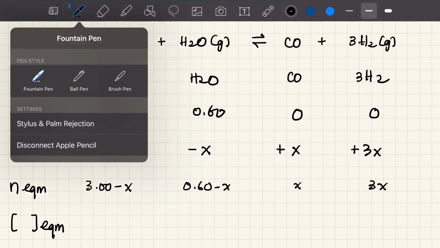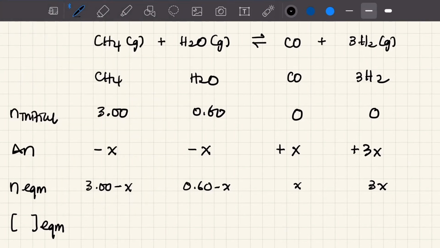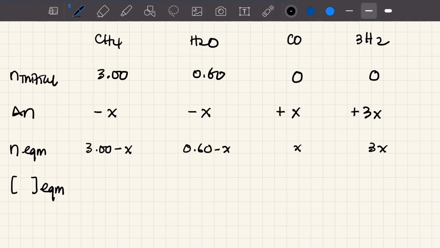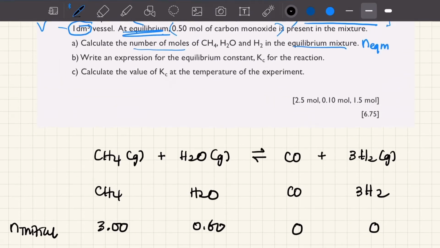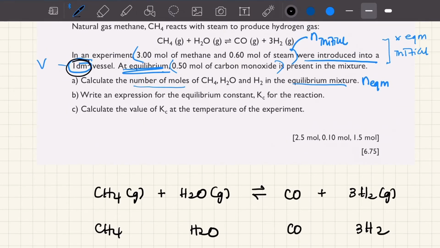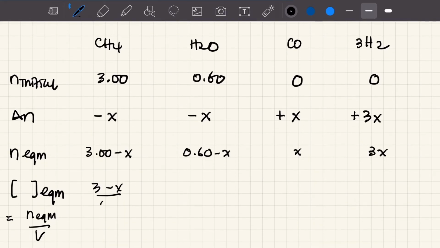To find your concentration at equilibrium, you're going to use N equilibrium over volume, right? So you're just going to divide by volume. What is your volume? Your volume is 1 dm cube, that's 1 liter. Then 0.6 minus X over 1 liter, then X over 1 liter, and then 3X over 1 liter.